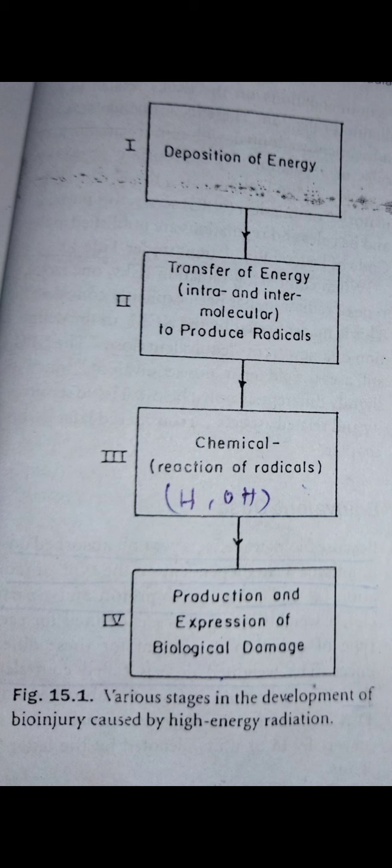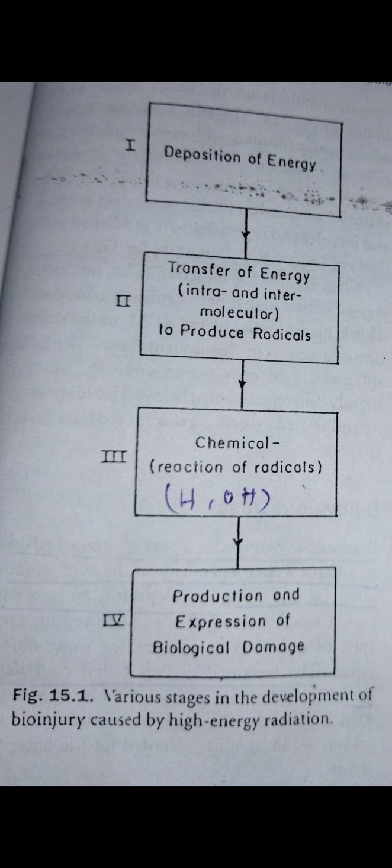The third step is the chemical reaction of radicals. In this step there will be interaction or alteration by the free radicals of our biological system, of biomolecules, for example DNA and RNA.